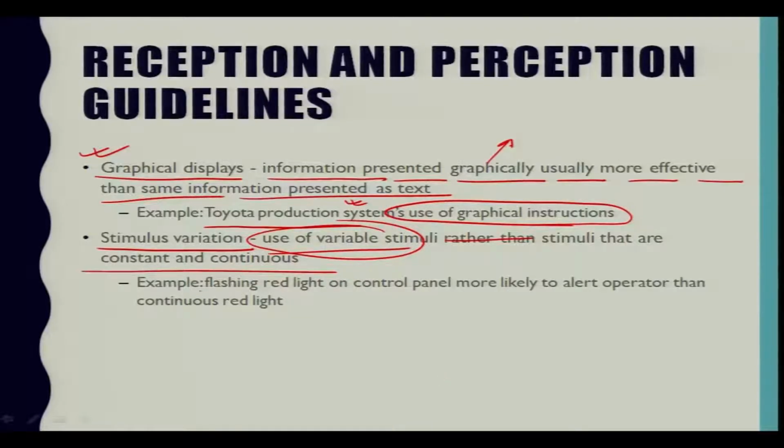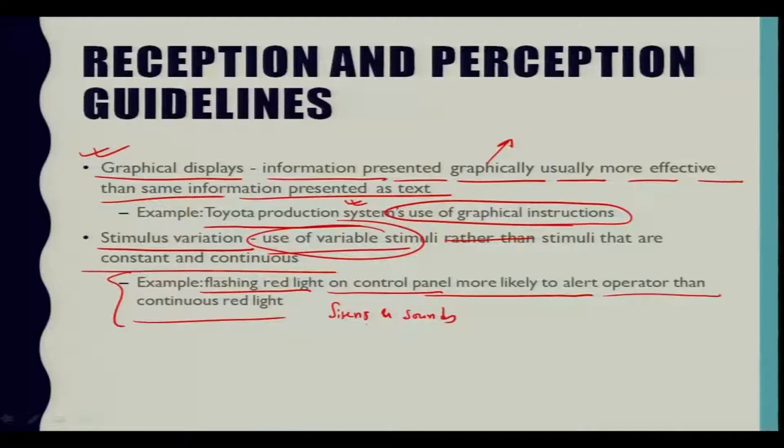For example, flashing a red light on a control panel is more likely to grab an operator's attention than a continuous red light that is on while the operator is looking away. Similarly, sirens and sounds that occur intermittently or vary in tone are more effective warnings than a tiresome and monotonous siren.